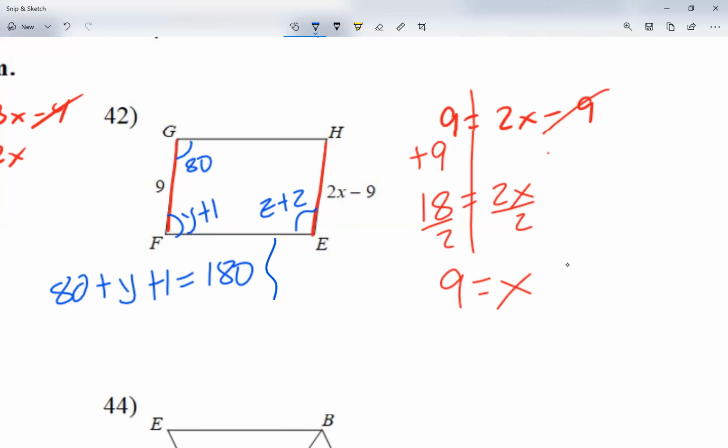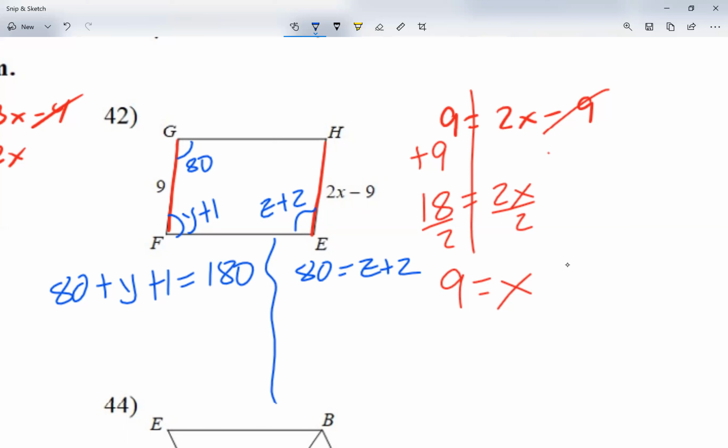All right, we can work that out. I'm just going to set it up just to tell you guys how to work it out. Notice that 80 and y plus 1 are adjacent, right? They're connected by a side, so they must add up to 180. Now, if I'm solving for z, I will say 80 is equal to z plus 2.